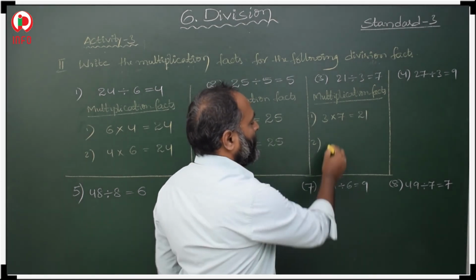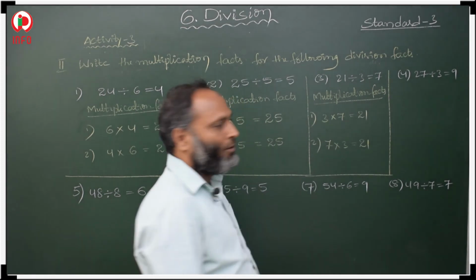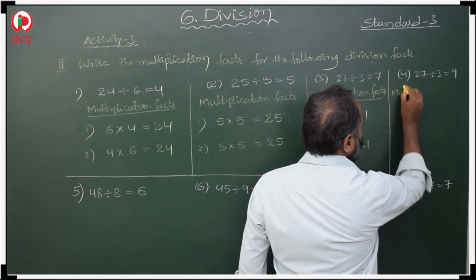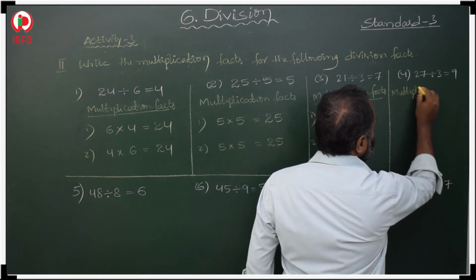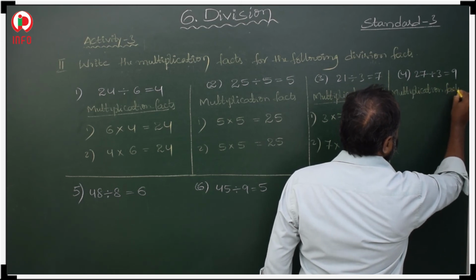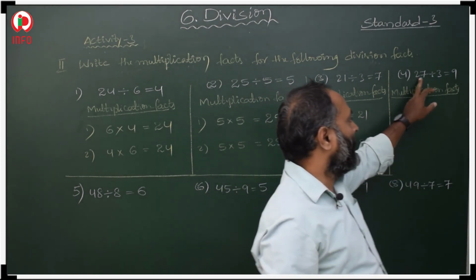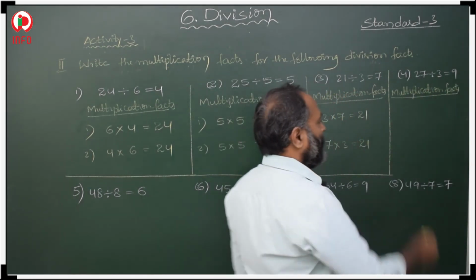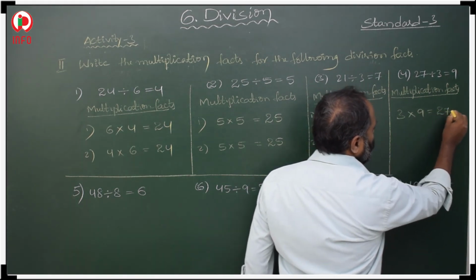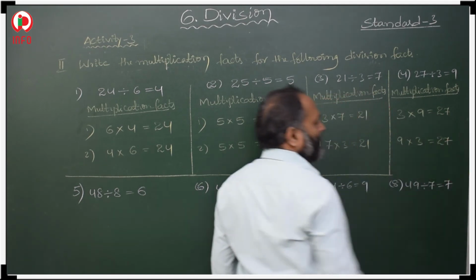Second one, quotient into divisor, 7 into 3 is equal to the dividend. Next, multiplication facts. Here, dividend, divisor, quotient. Divisor into quotient is equal to dividend, or quotient into divisor is equal to dividend.